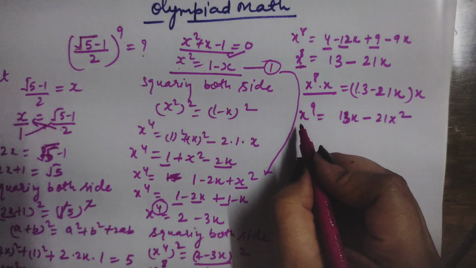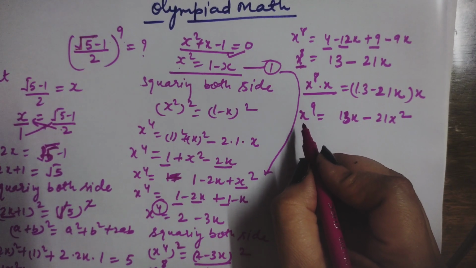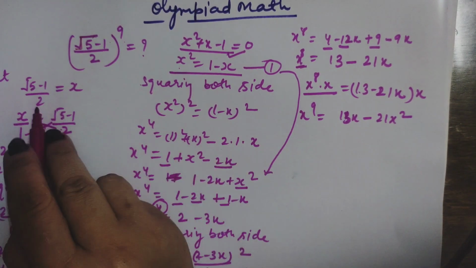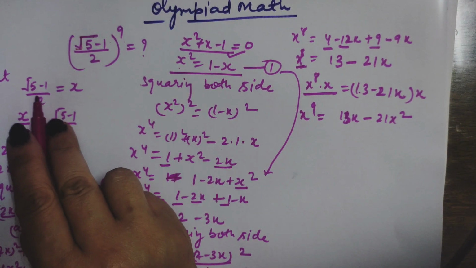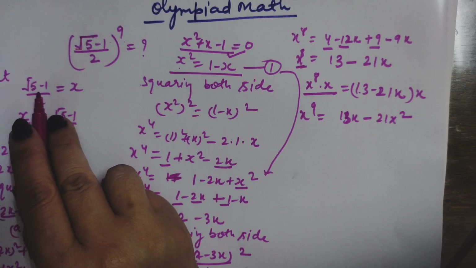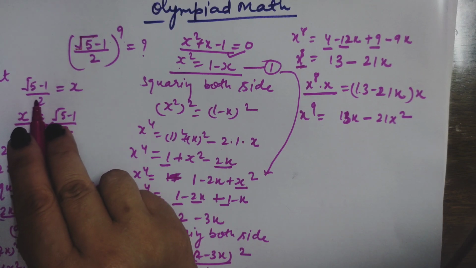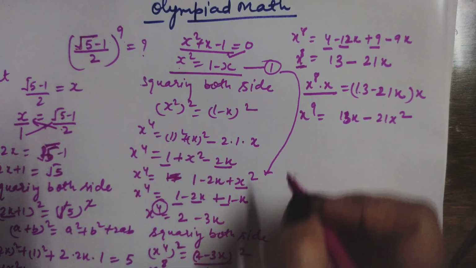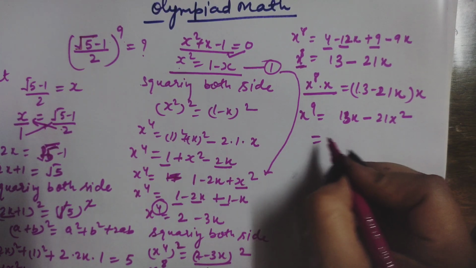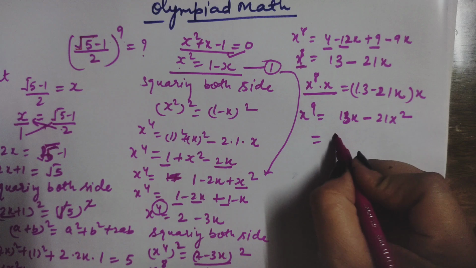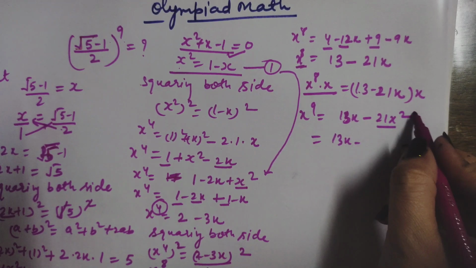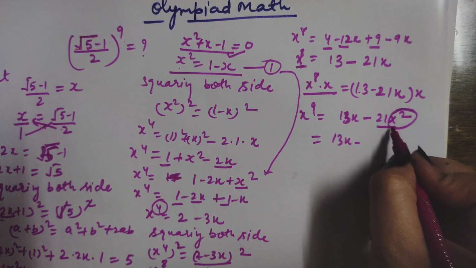So now you can see the power is 9. Now what is our x here? You can see here x is (root 5 minus 1) upon 2. Now, first of all, x power 9, you can see here 21x square. First we will remove this x square.